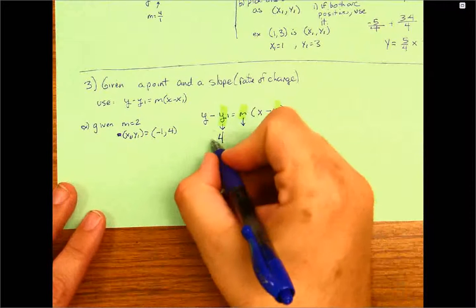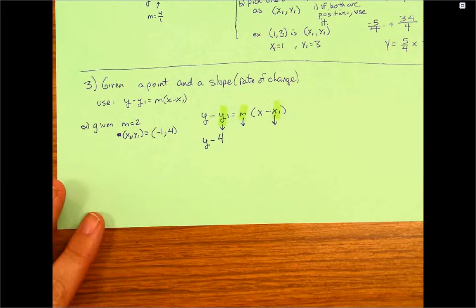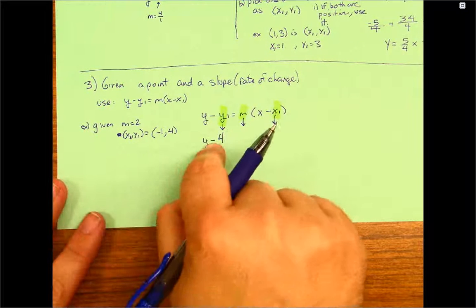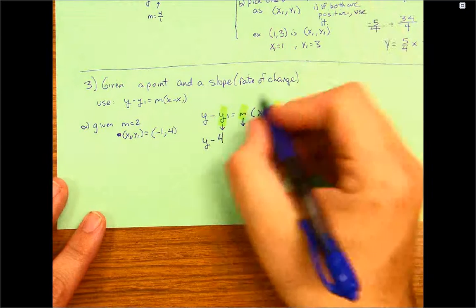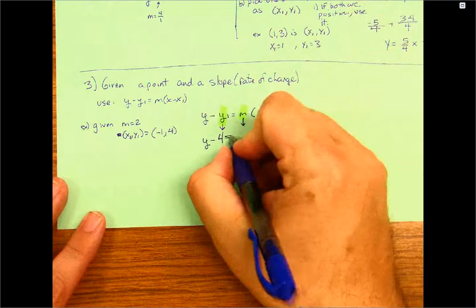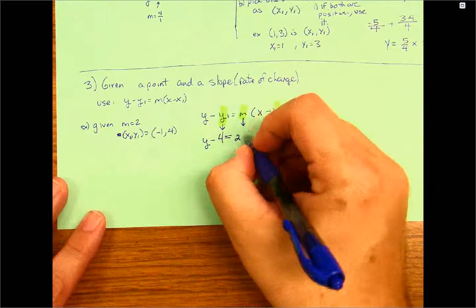Absolutely correct. Now, what's my slope? What's my m? 2. Now, my x sub 1, what's that? It's a negative 1, but there's going to be a minus there.